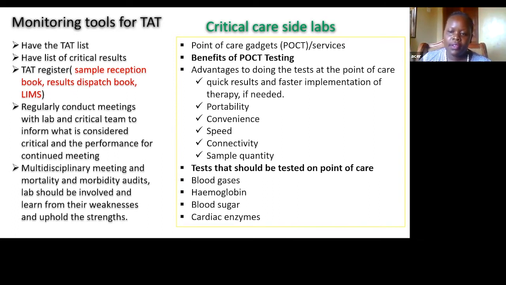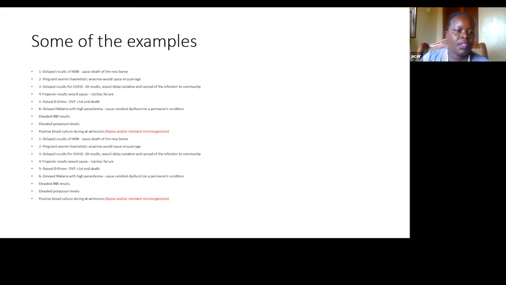Small point of care equipment where you're able to do the testing. They are portable. Anywhere the patient is, the machine can be taken and the result given.